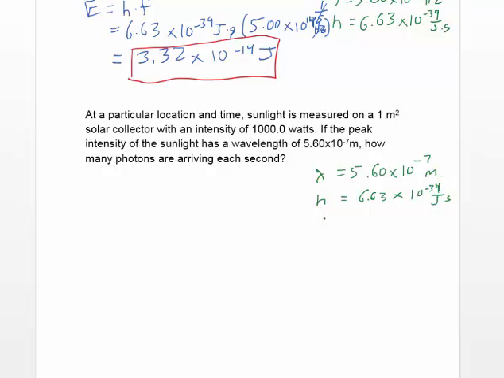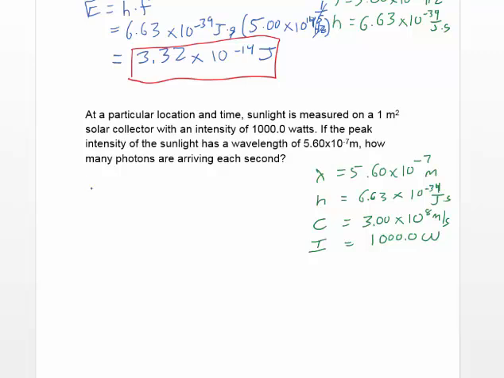We know that C is equal to 3 times 10 to the 8th meters per second. And we know the intensity is equal to 1,000 watts.